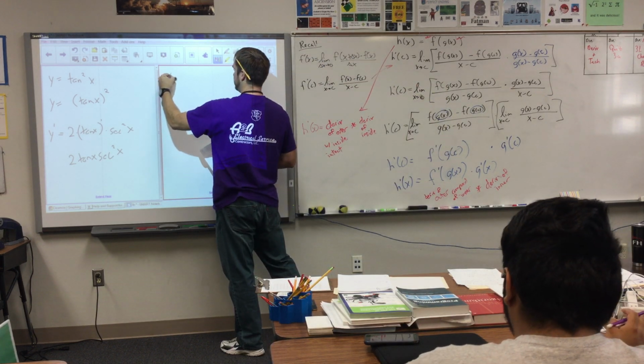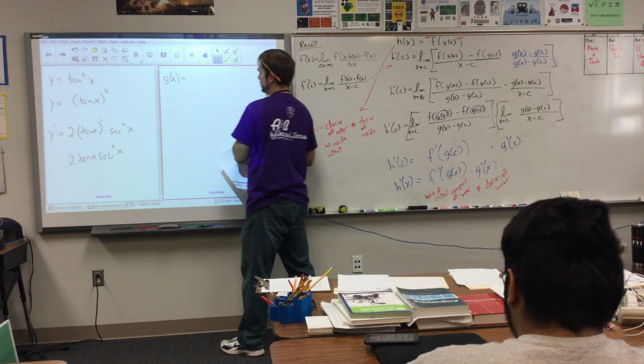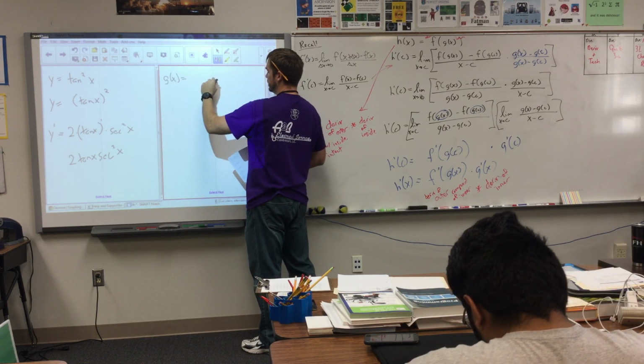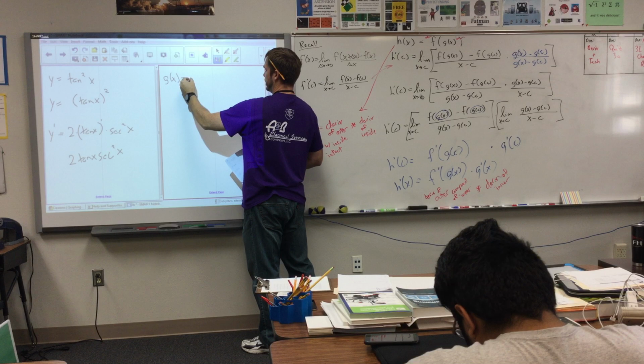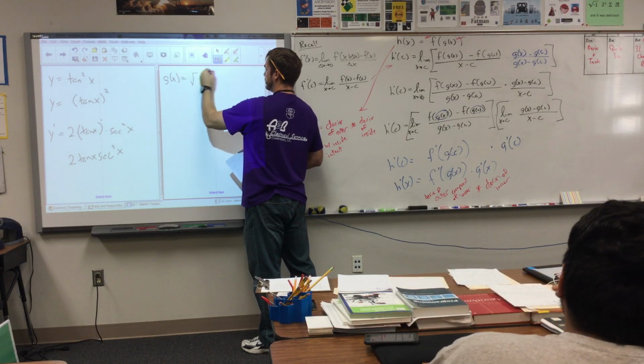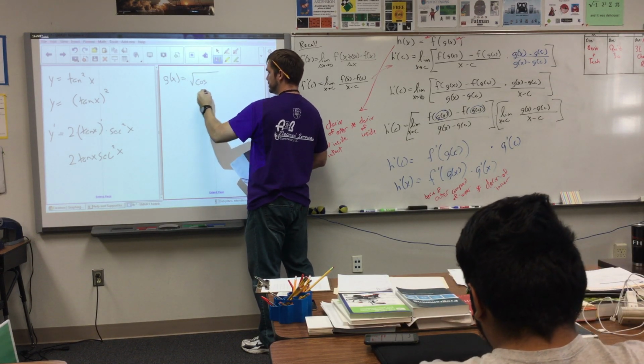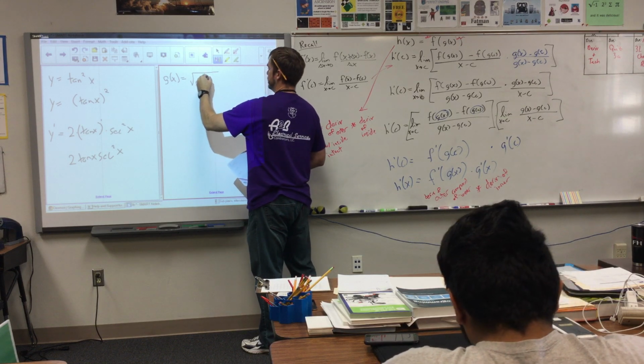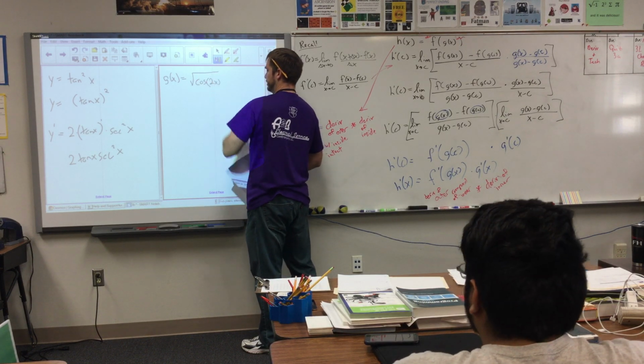Let's say we've got g of x is equal to, what if I had something really weird? I don't know. The square root of cosine of 2x.